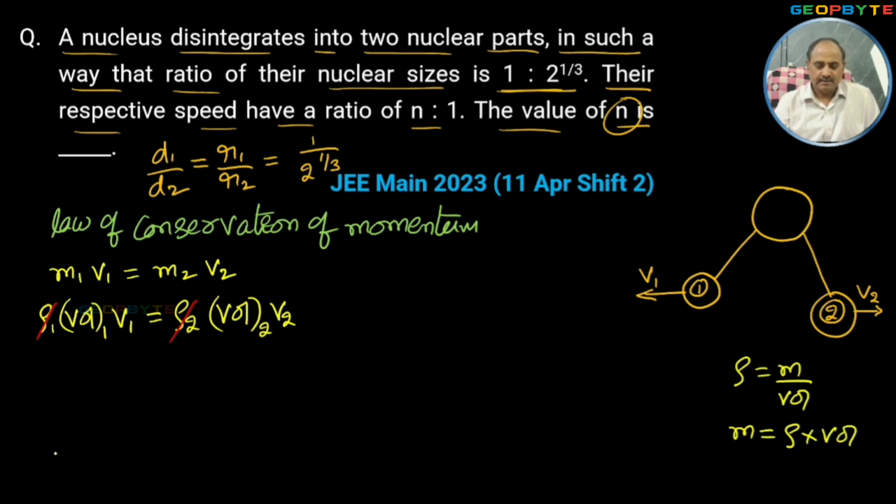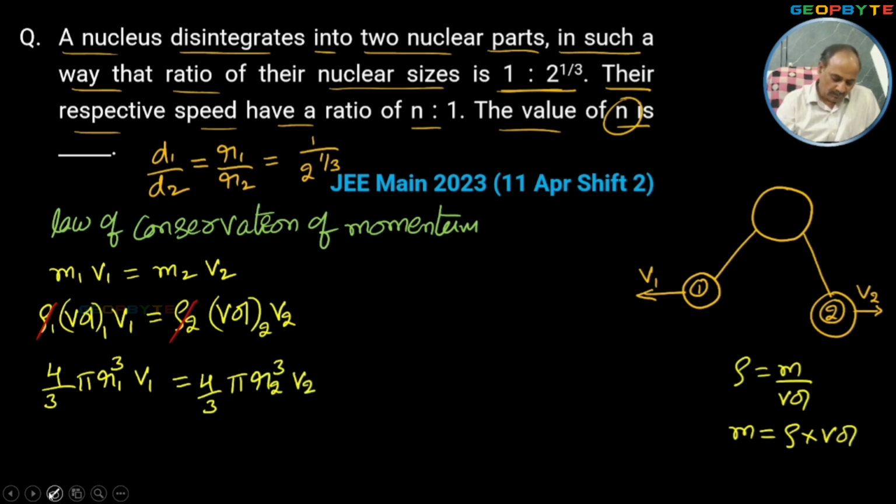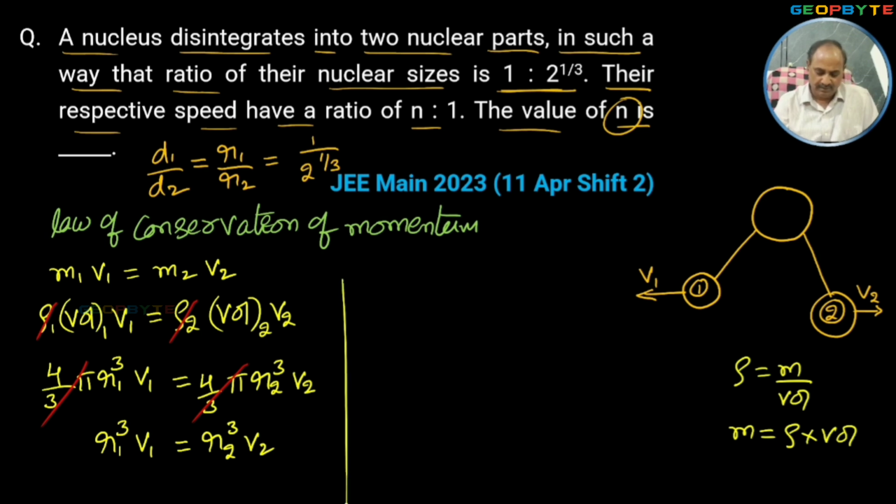Volume of the sphere, each nucleus is looking like a sphere. Volume of the sphere is 4 by 3 pi into r1 cube into v1 equal to 4 by 3 pi r2 cube into v2. Here 4 by 3 pi, 4 by 3 pi cancelled. Finally, it is r1 cube into v1 equal to r2 cube into v2.